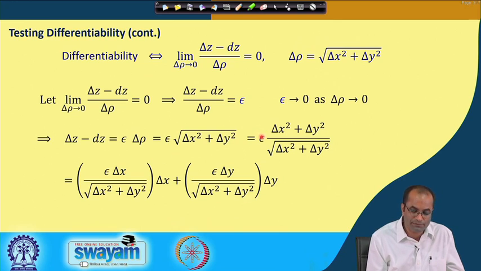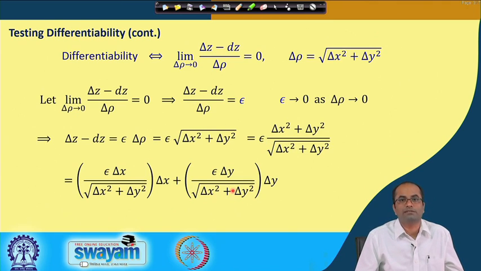Here epsilon 1 with delta x divided by this term, and the other delta x we have written in the product, plus again the same concept, epsilon together with 1 delta y divided by the square root of delta x square plus delta y square, and delta y.